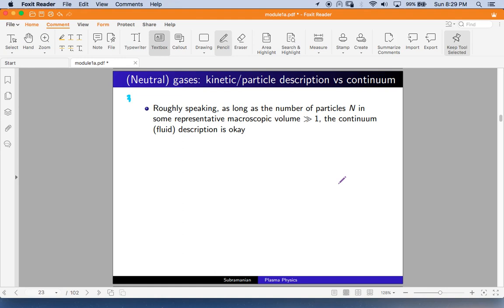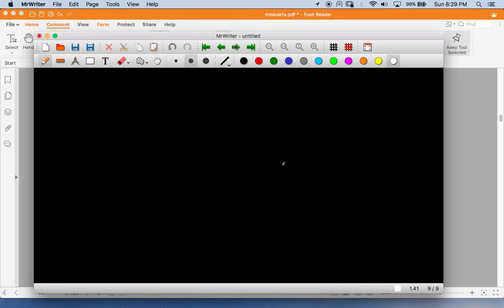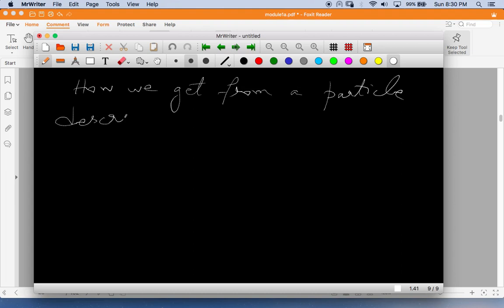just to give you a broad idea of what we're going to be talking about, this is about how we get from a particle description to a macroscopic, and I put the macroscopic in double quotes.